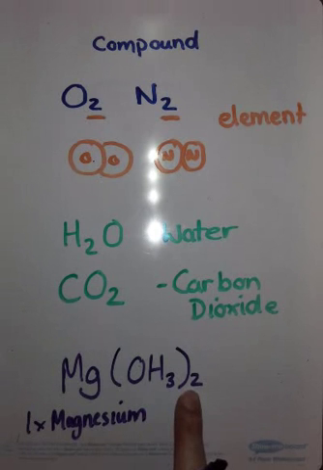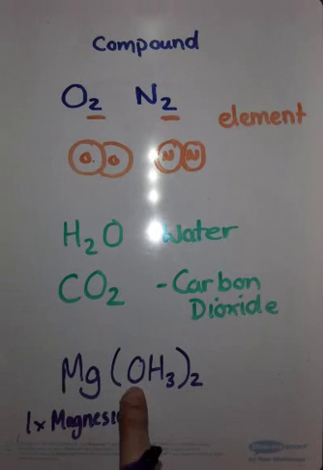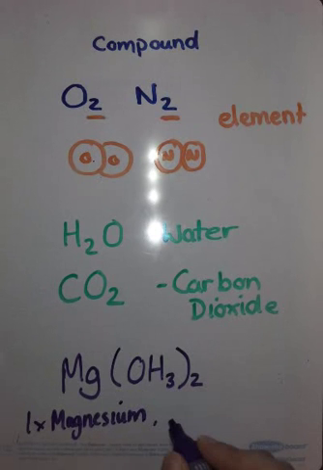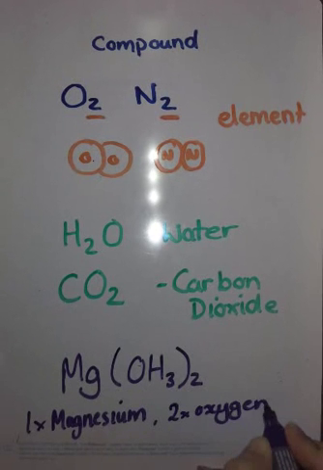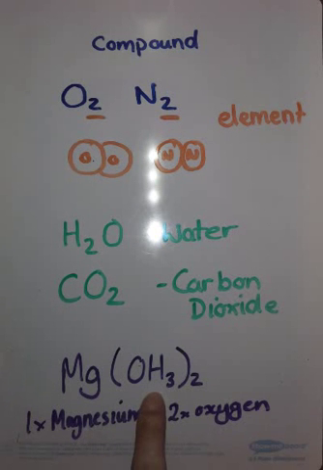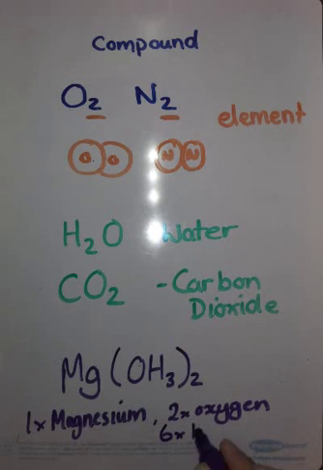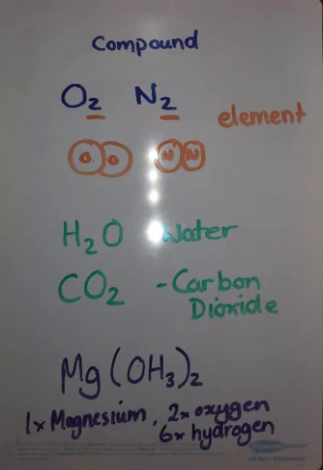So we've got 1 oxygen multiplied by 2, so we've got 2 oxygens in total, and then we've got 3 hydrogens inside the bracket multiplied by 2, so 3 multiplied by 2 gives us 6 hydrogen atoms. Okay. So those will probably be the most complicated type that you will come up against, so just remember that everything inside the bracket is multiplied by the number outside of the bracket.